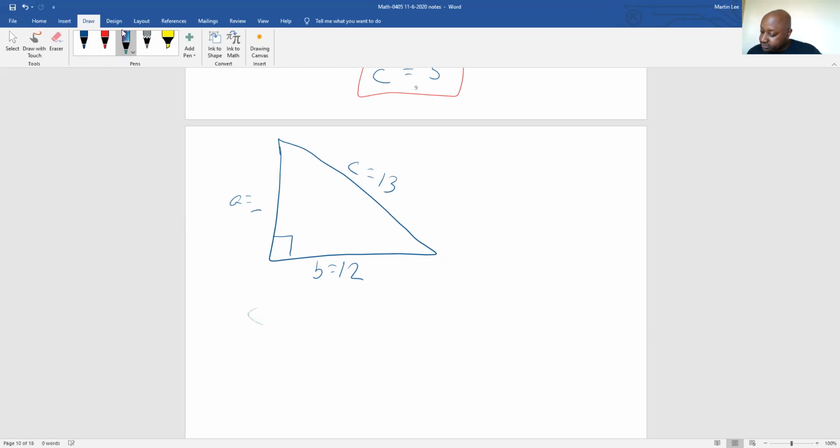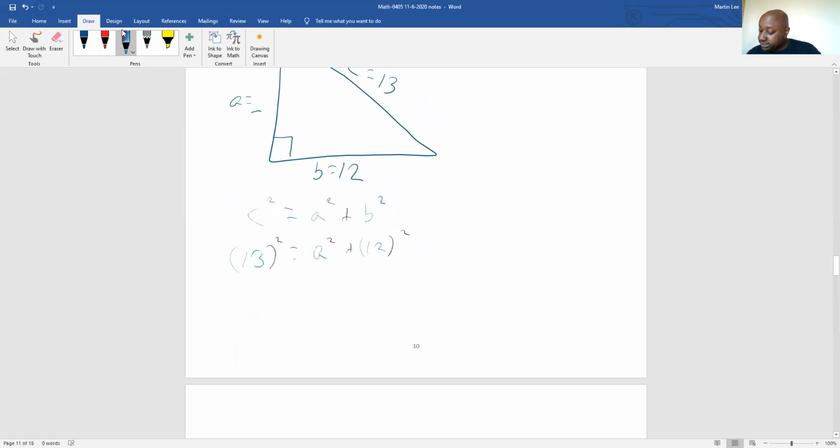So now let's write down C squared equals A squared plus B squared. So 13 squared equals A squared plus 12 squared. Okay, 13 squared is 169, which equals A squared plus 12 squared, which is 144.